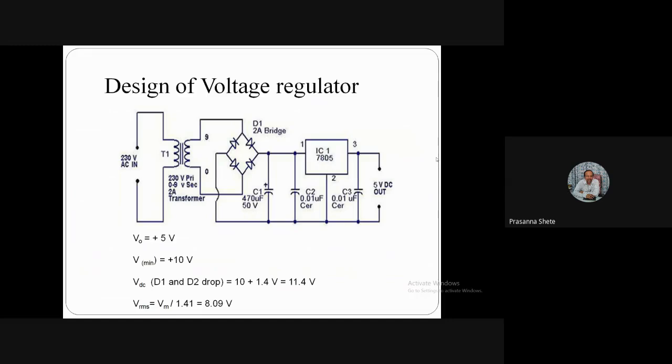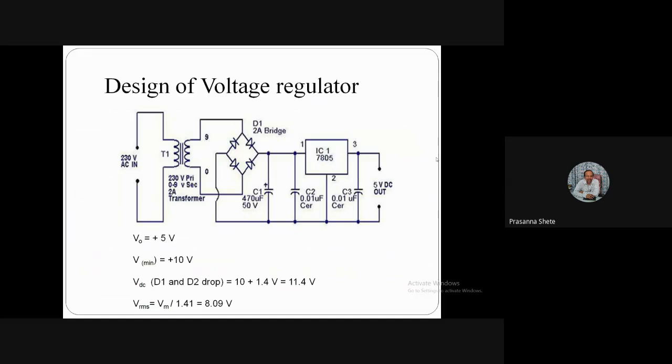So you can see over here that if output is 5 volts, then V minimum is taken over here as 10 volts. You can see on the screen, it is written V minimum is plus 10 volts, that is unregulated 10 volts DC. And if we have the D1 and D2 drop at a time, you know that diode drop is 0.7 for each diode. At a time, there will be 2 diodes conducting, each of 0.7 volts. So it is 1.4 volts plus 10 volts.